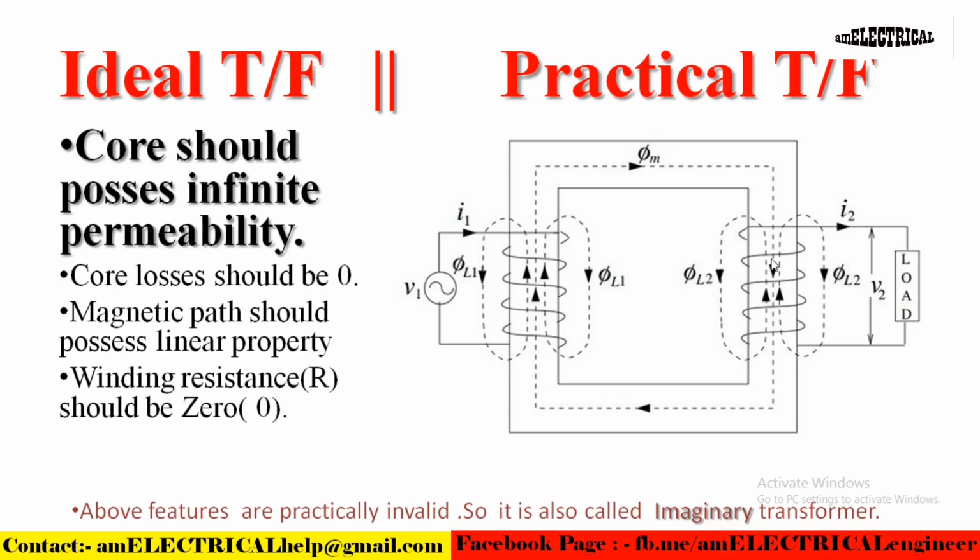So all the flux set up by the primary will not link the secondary windings. Although the maximum percentage of flux will link the secondary, some losses of flux like phi L1 and phi L2 will also be there.